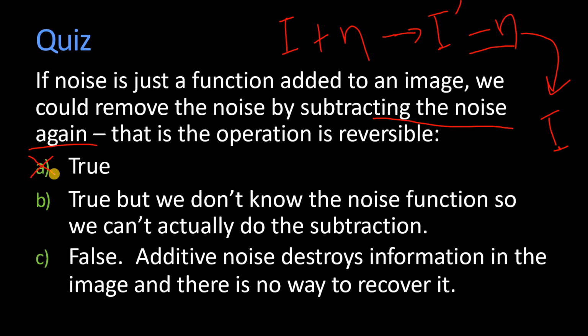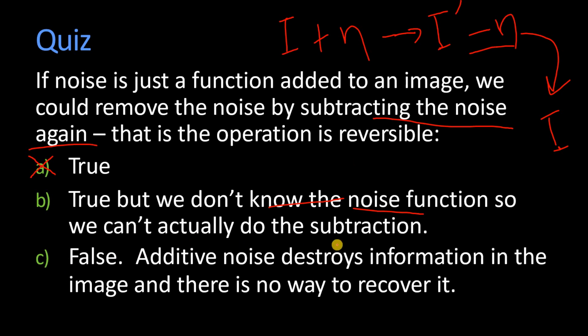What's the problem? The problem is that we are allowed to subtract anything from the image, but we don't know the noise function. Remember, I told you noise is random. So you don't know for each image how the noise has disturbed it.